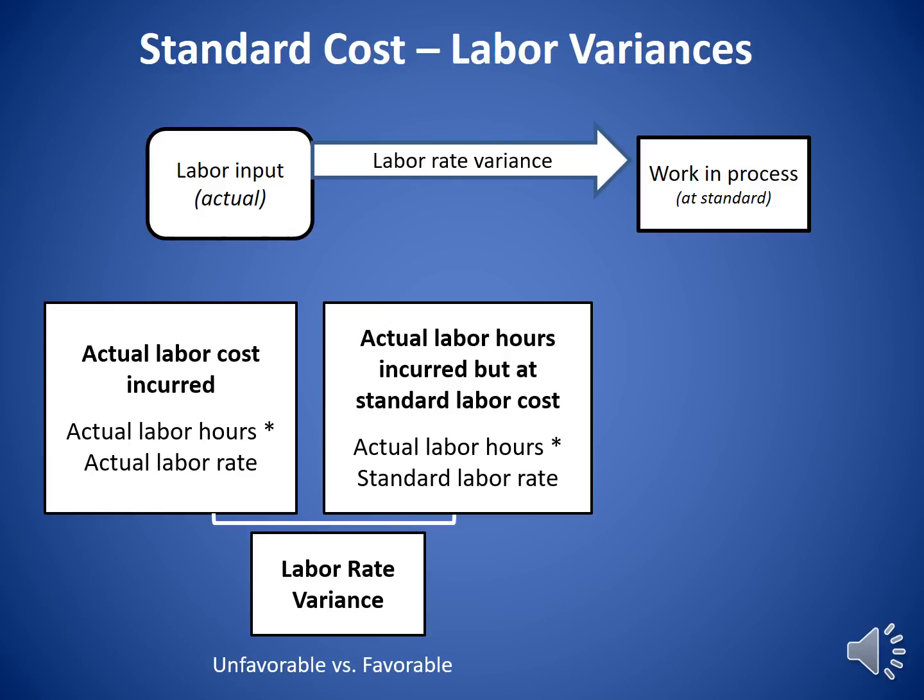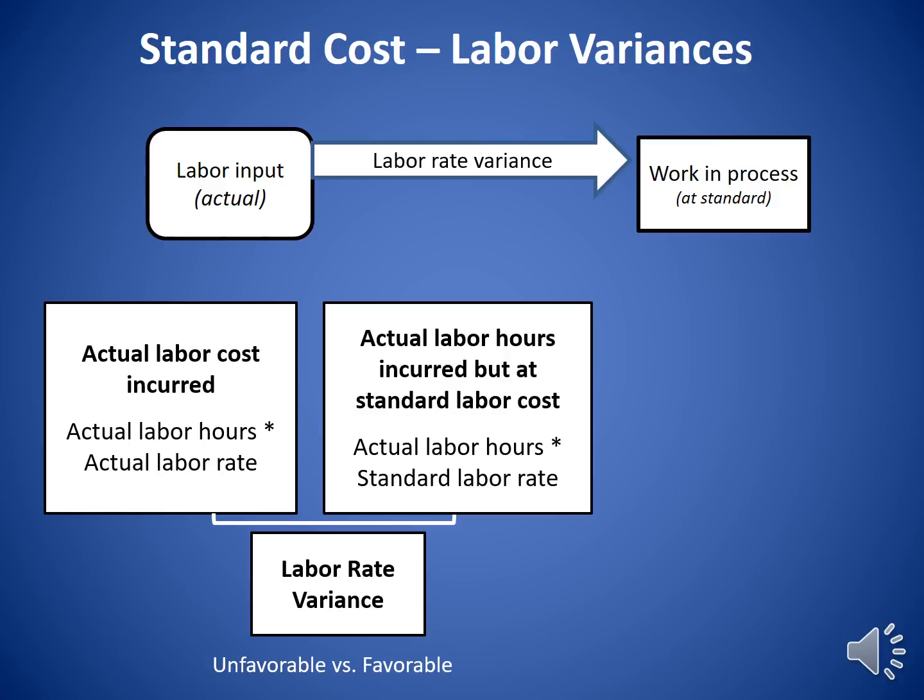In this case, the left-hand side is the amount that actually occurred. On the right-hand side is the amount of labor cost in terms of labor rate that we expected to occur. So if our actual labor cost is higher than expected, it would be unfavorable. If our actual labor cost is lower than what we expected, it would be favorable.